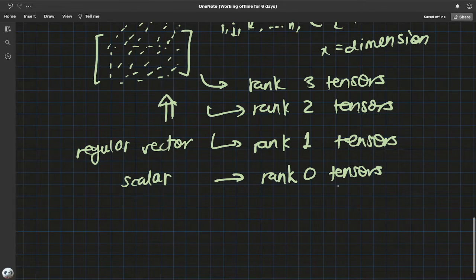So this is how you generalize quantities. Rank 0 tensors are scalars, rank 1 tensors are vectors. Rank 2 tensors can be represented by matrices. Rank 3 tensors can be represented by cubic matrices. Rank 4 tensors will be like the counterpart of a 4-dimensional cube, like a tesseract or something.